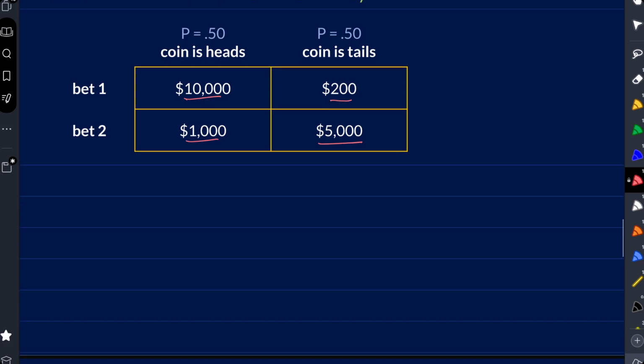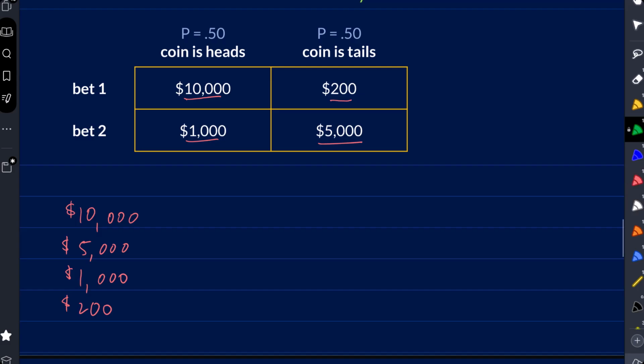So our first step, if we're going to set utility values, is to order these outcomes from most preferred to least preferred. And in this case, our expectation is going to be that everyone's going to have the same ordering, with $10,000 being the most preferred, then 5,000, 1,000, and 200.